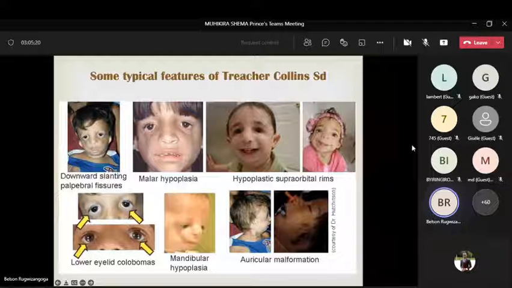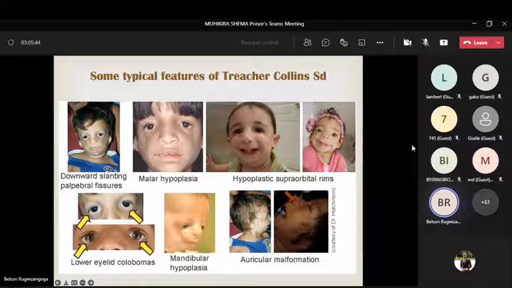Malar hypoplasia, this area, and then hypoplastic supraorbital rims, so they are small here, and lower eyelid colobomas, so they have some sense here, but it is difficult to see here, and there is mandibular hypoplasia.